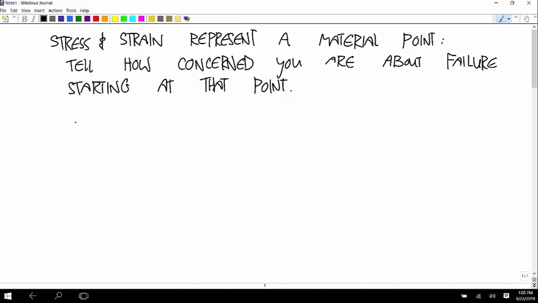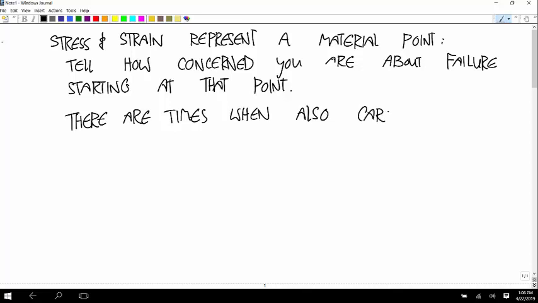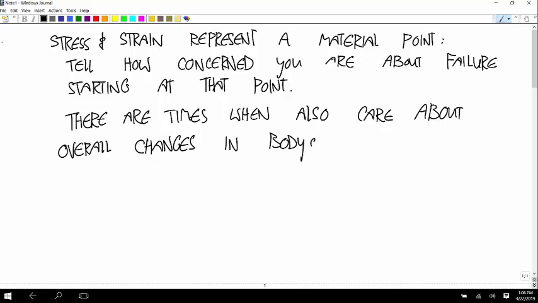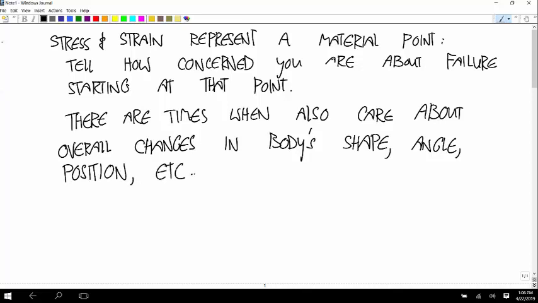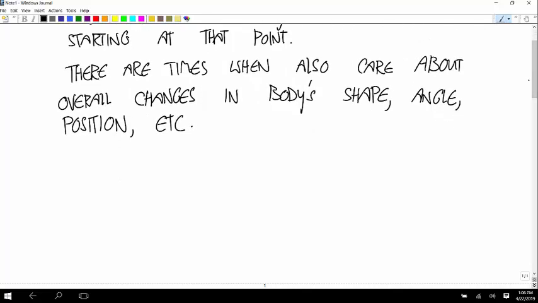So there are times you also care about overall changes in a body's shape, angle, position, etc., stuff like that.